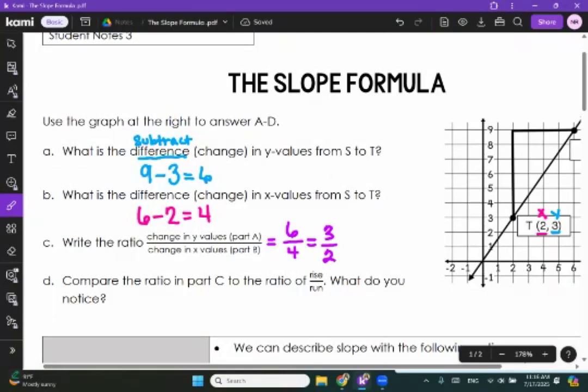Now compare that ratio, compare that fraction. Ratio is just another word for a fraction. Compare that fraction with rise over run. Let's see what would happen when we use rise over run. So we rise 1, 2, 3, 4, 5, 6.